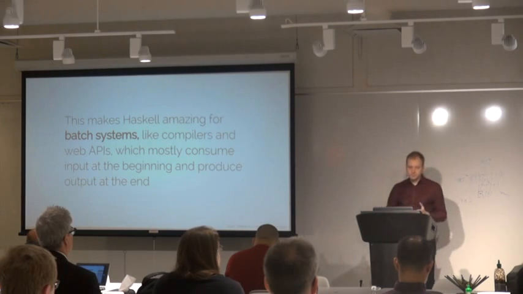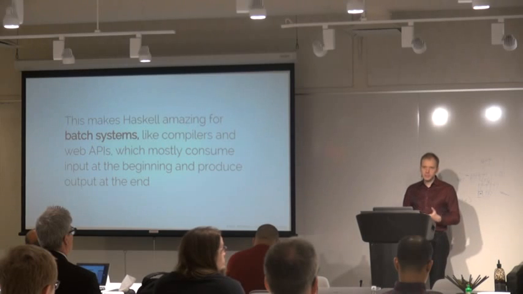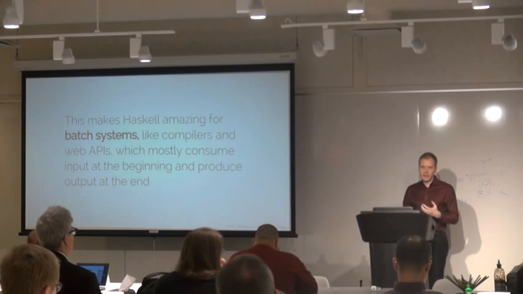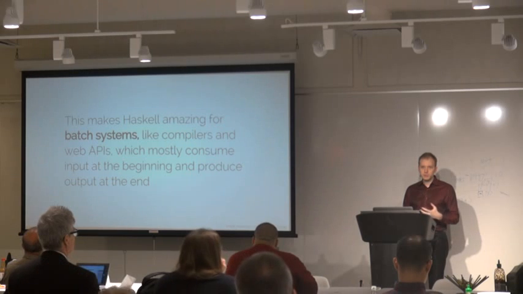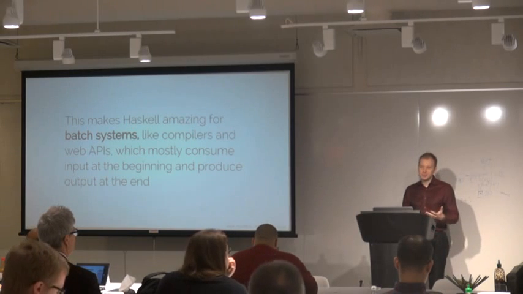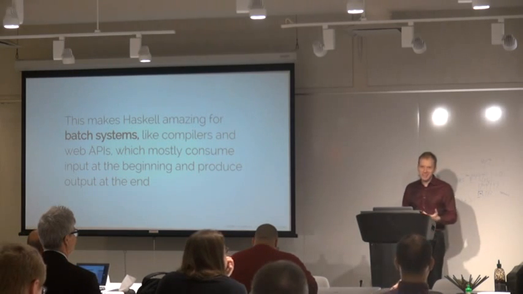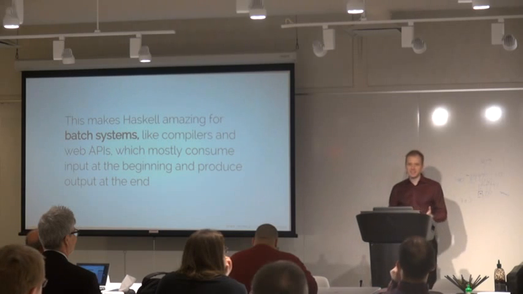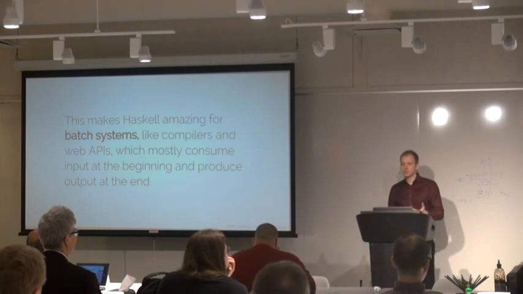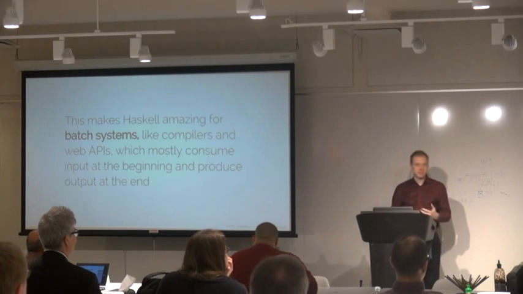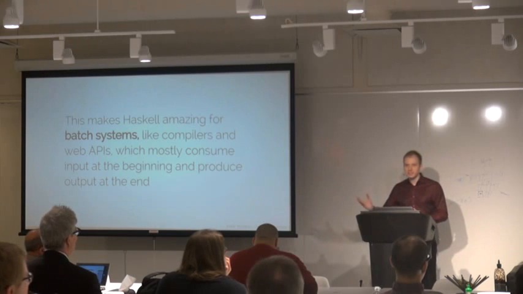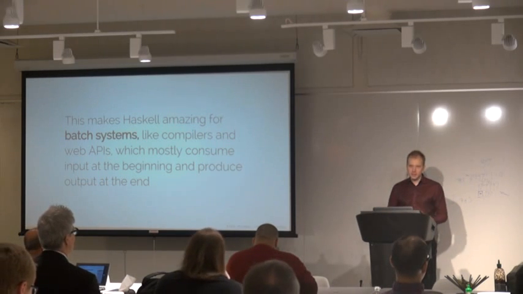So that's great. The problem is, in the real world, we don't usually want to deal with batch systems. People outside this room anyway, don't usually think of compilers as the most exciting kind of thing to work on. They want to work on user interfaces. They want to work on systems that interact with their environment, robots, and those things can be done in Haskell.